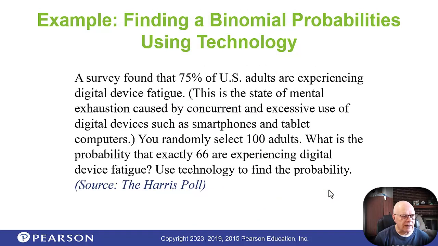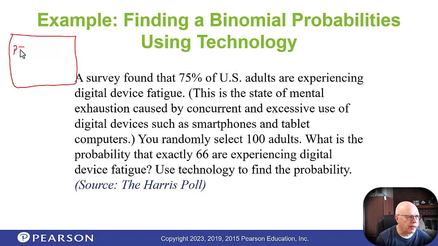All right, let's try this on an example. A survey found that 75% of US adults are experiencing digital device fatigue. Wow. All right. I want to make sure I don't lose that. I don't want to read this paragraph over and over and over 10 or 16 times. So the 75% is going to be my probability, 0.75.